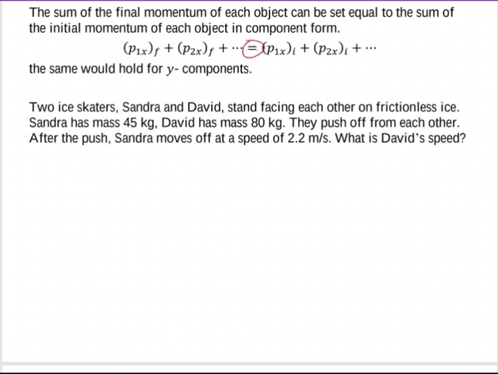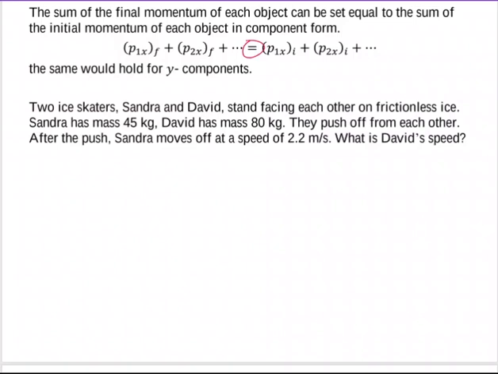Momentum of object 1 x initial plus momentum of object 2 x initial, and so on. Okay, so what this is saying is all of the finals added together in the x direction equal all of the initials added together in the x direction. Okay, and that's basically conservation of momentum.